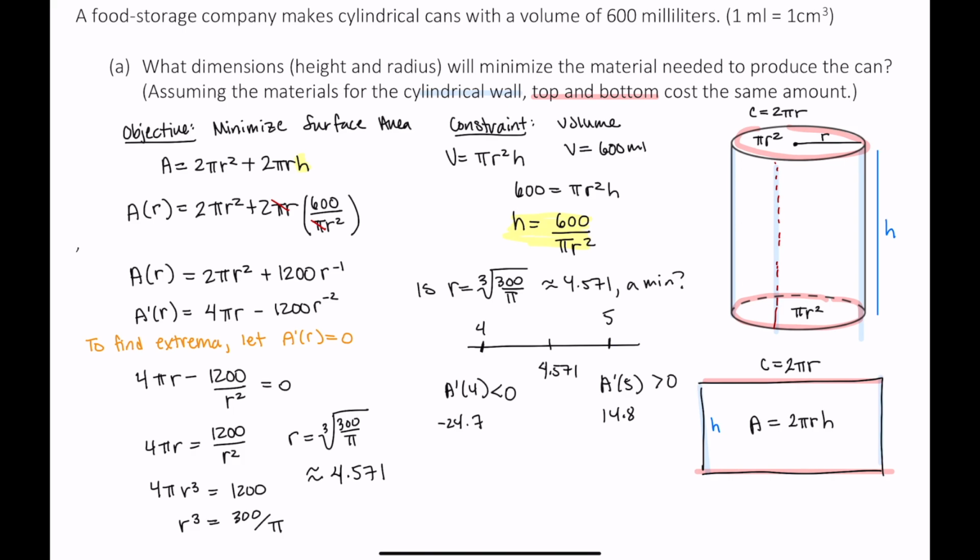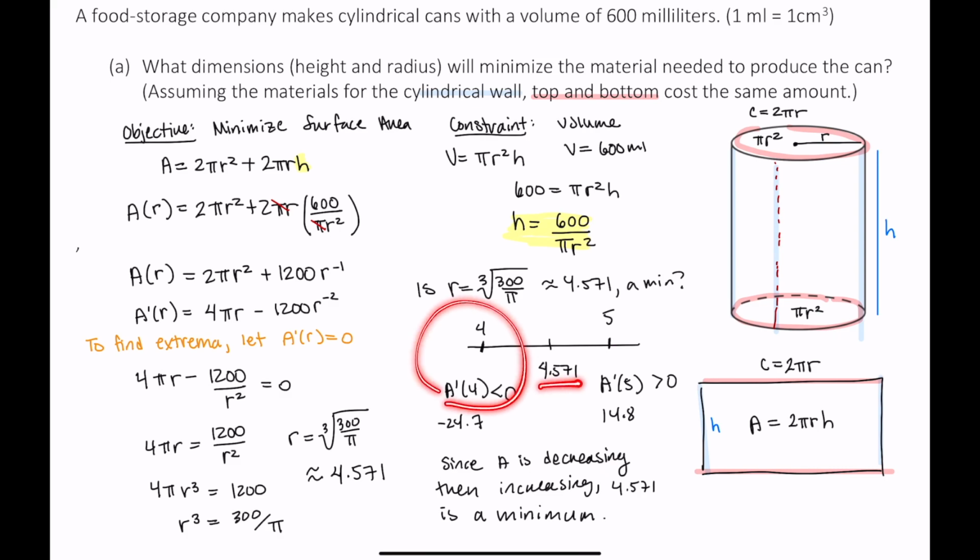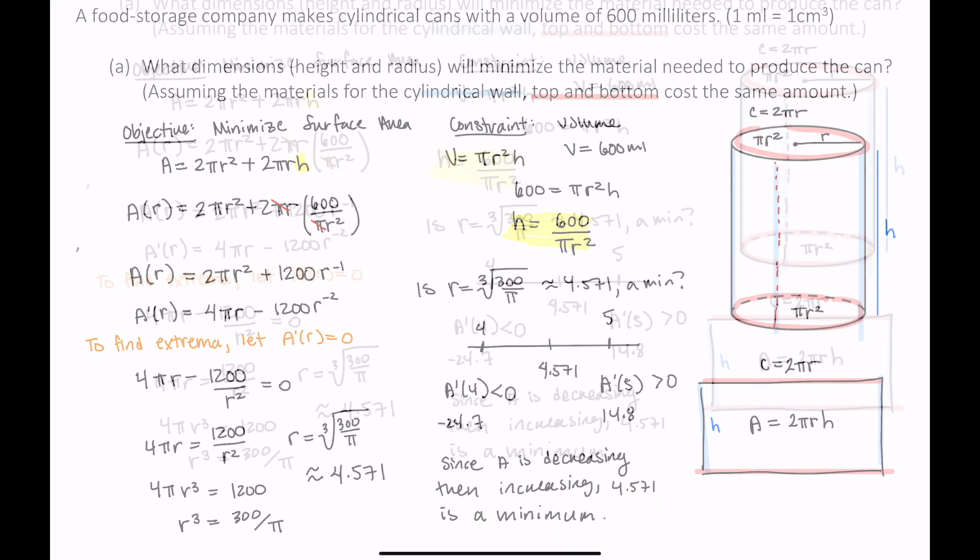So what does that tell us? That tells us that this curve is decreasing then it is increasing. That's definitely a minimum. So since A is decreasing to the left of 4.571, then increasing to the right of 4.571, then we know that this value is certainly a minimum.